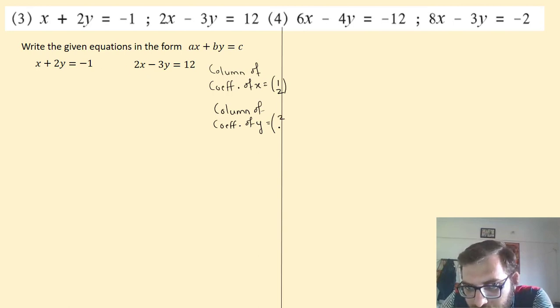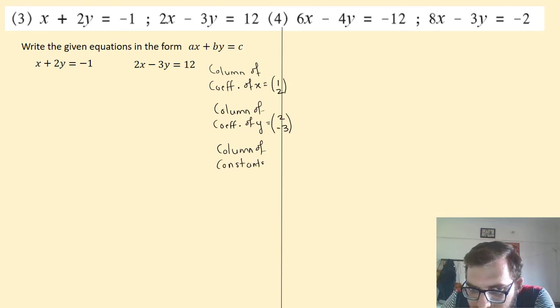So 2 and minus 3. Okay, and the last one is the column of constants. Here the constant is minus 1, here the constant is 12. So it's minus 1 and 12.